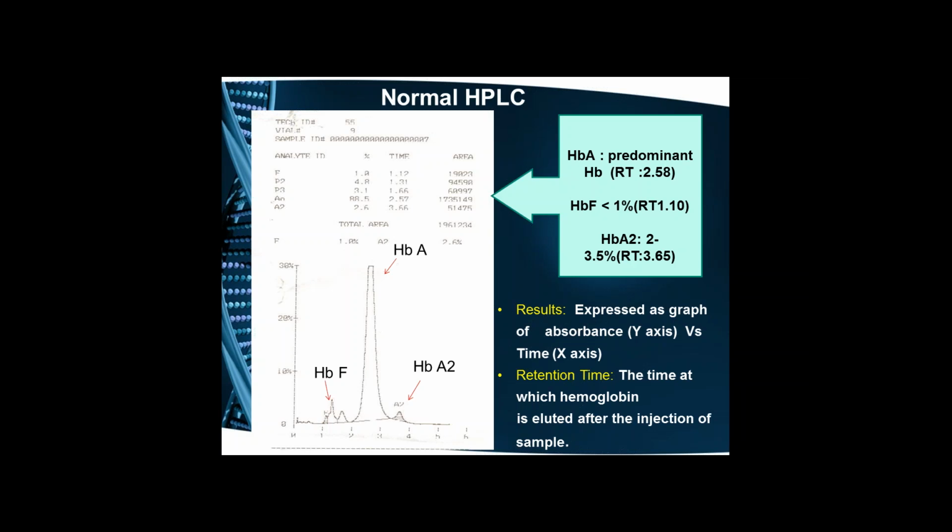Followed by that, there is an HbA peak, followed by an HbA2 peak. Based on the area under the curve, various percentages are given. This is an absolutely normal chromatogram. HbA is 88%, A2 is 2.6% with F of 1%. Normal adult person.